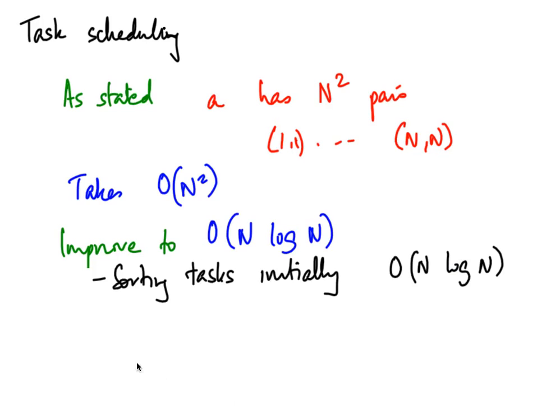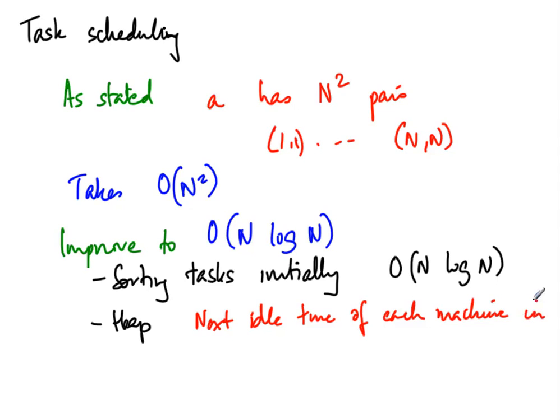And here what you need to do is to use a heap. Okay, so you keep the next idle time of each machine in what is called a min heap. Okay, so the heap will give you the minimum element in log n time.